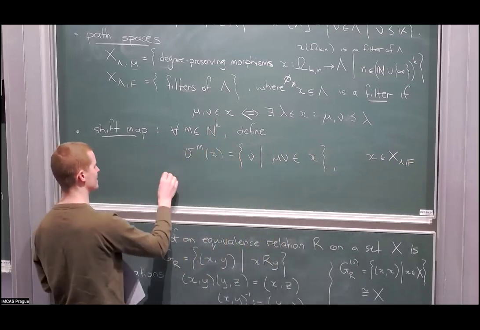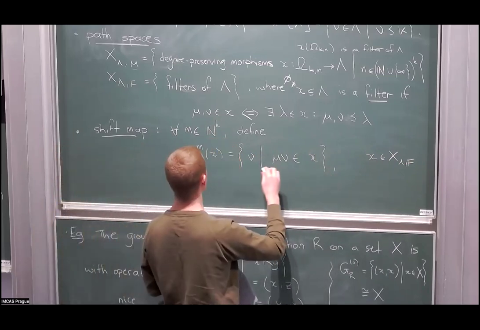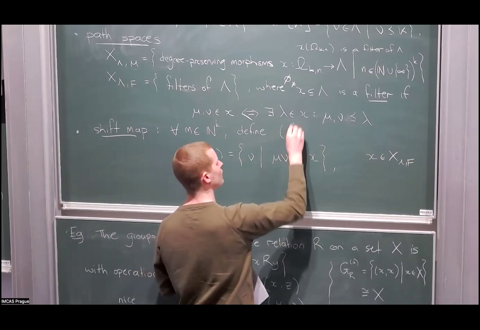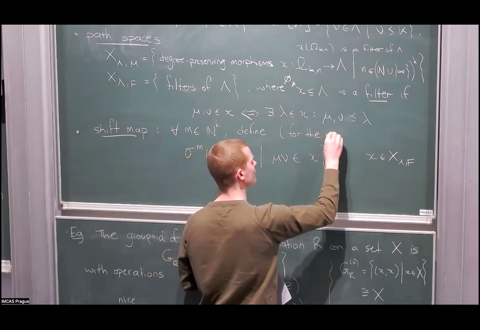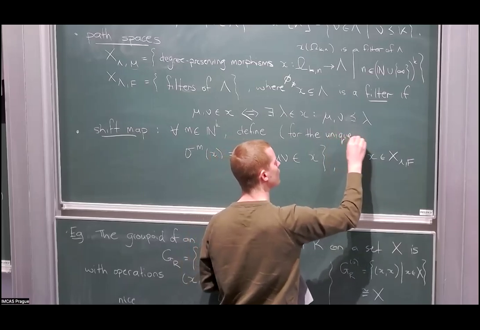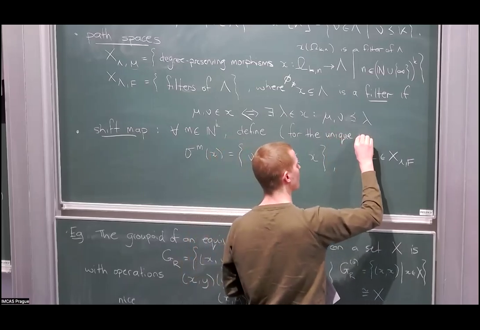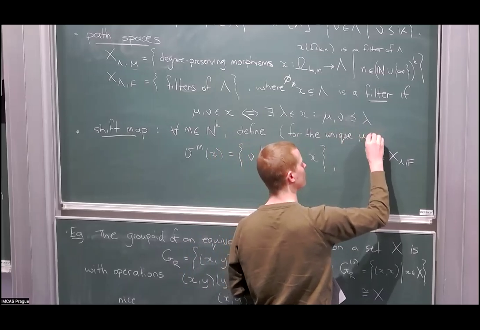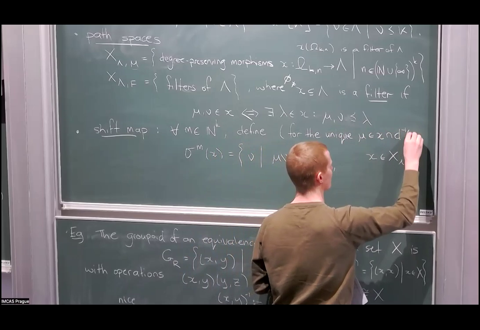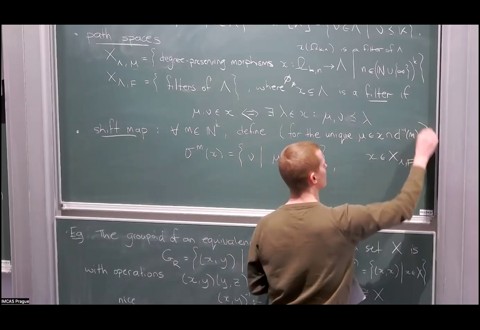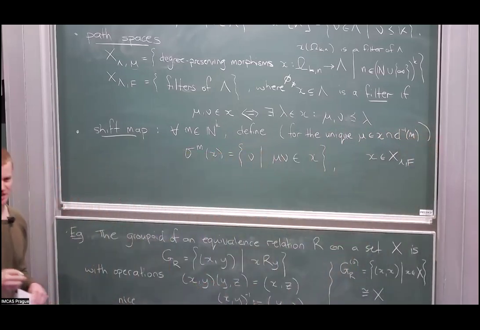And the reason that this makes sense to do is that there's a unique thing in X that actually has degree m, which uses the unique factorization property too.